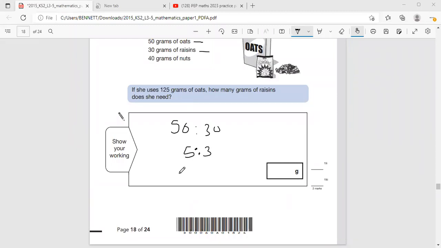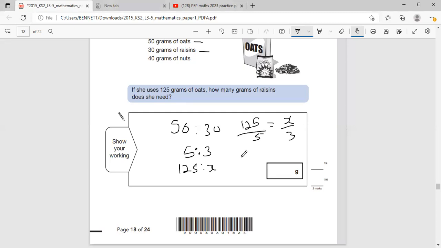So basically, this one is 125, and we want to find this value. One way we could look at it is 125 over 5, turning into equivalent fractions, is equal to the value we're looking for over 3, and then we just cross multiply.